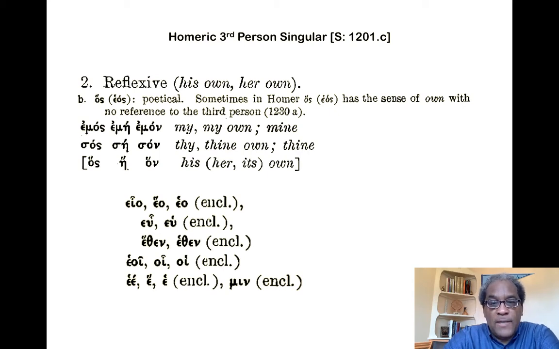They don't have the accent, they lean back on the previous word. We'll go through that later. But then in the dative, you have heoi, hoi, and hoi. And in the accusative, you have hē, and min. So these will be your reflexive singular of the third person in Homer.